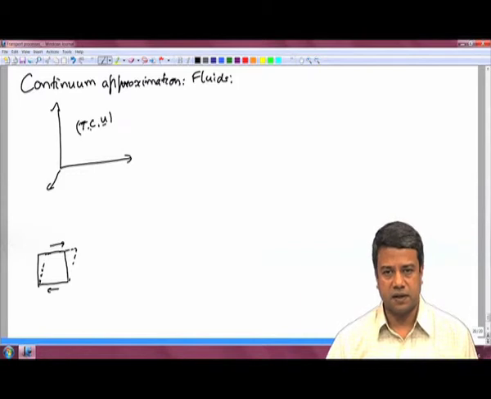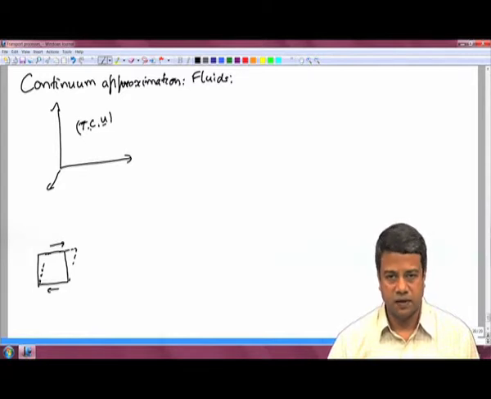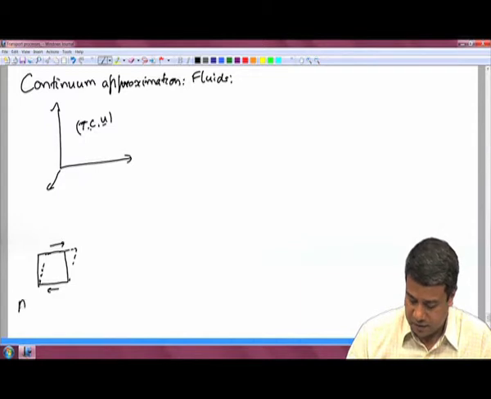If you apply under continuous application of a stress, provided that stress is small enough that it does not break the solid, it is going to deform to some extent and then stop. So, therefore, in a solid, an applied stress generates a strain field.